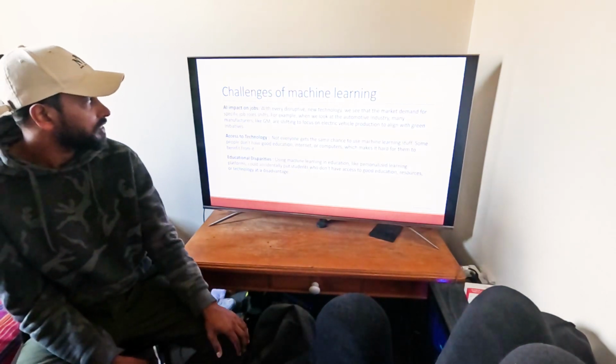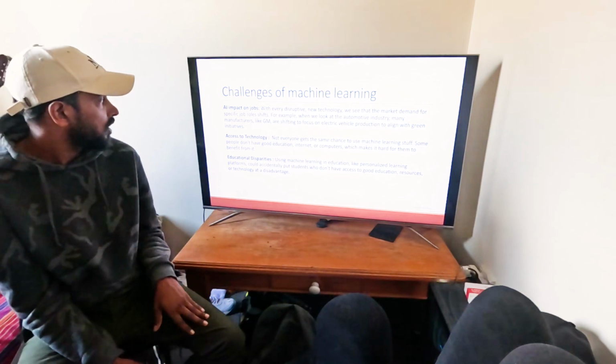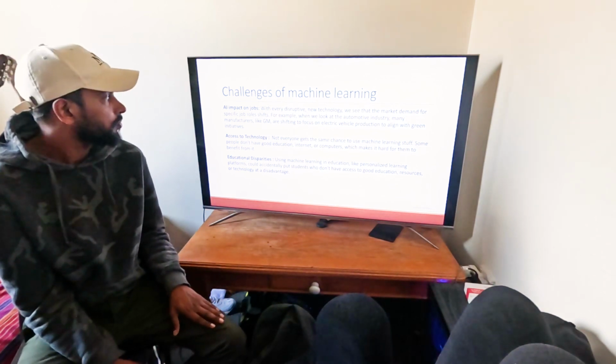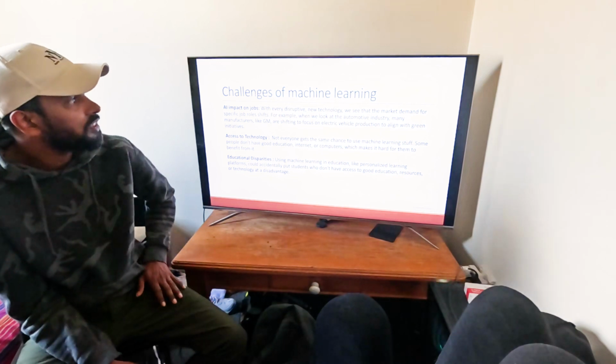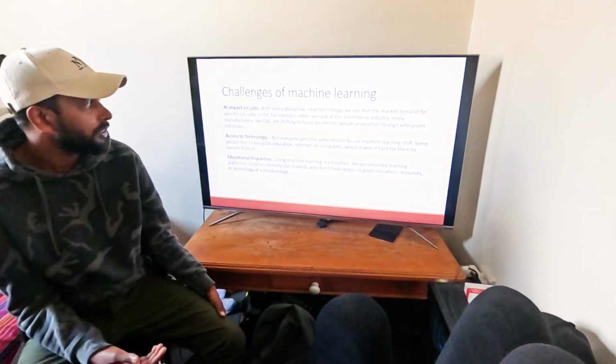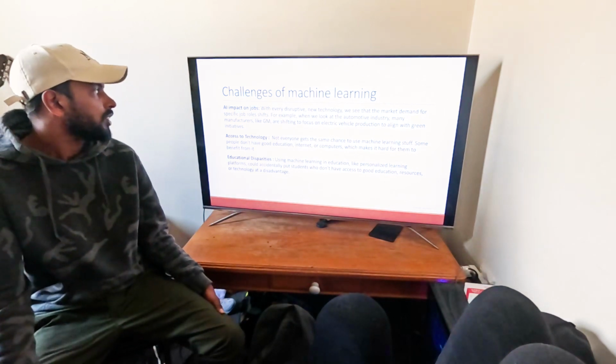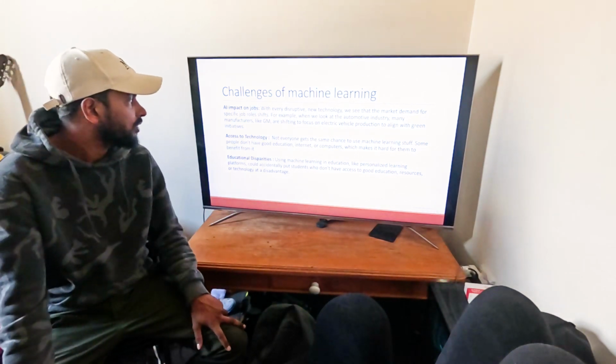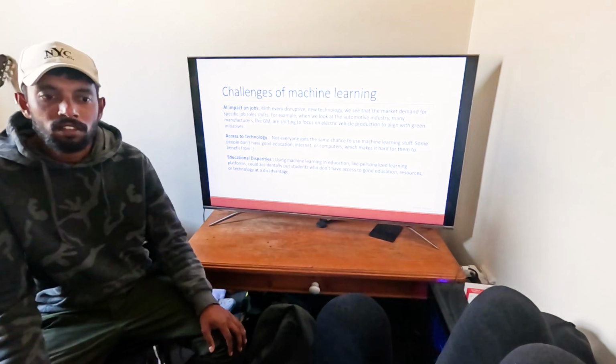And the next one, challenges of machine learning. AI's impact on jobs. With every disruptive new technology we see in the market, demand for specific jobs shifts. For example, look at the automotive industry, like GM.